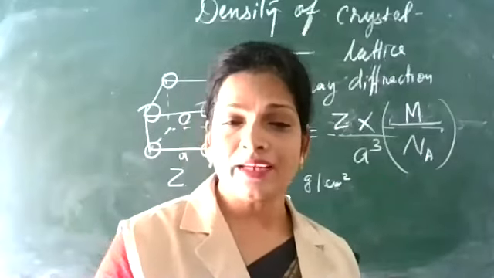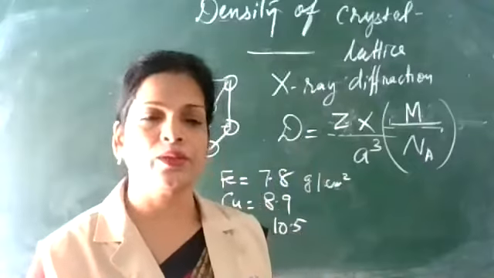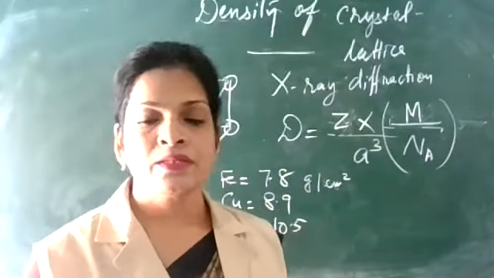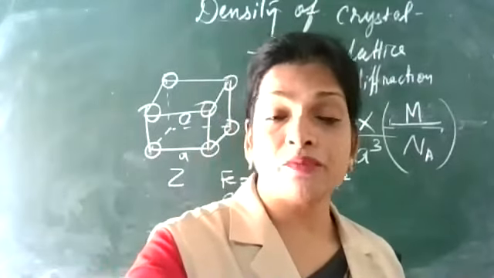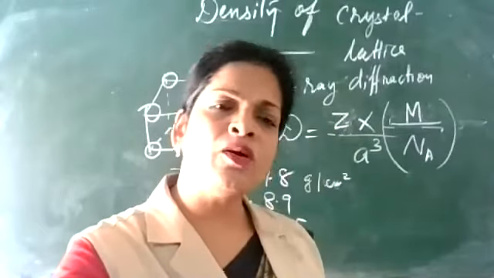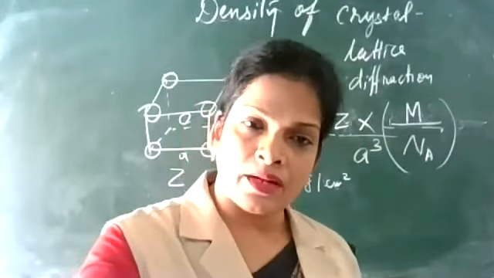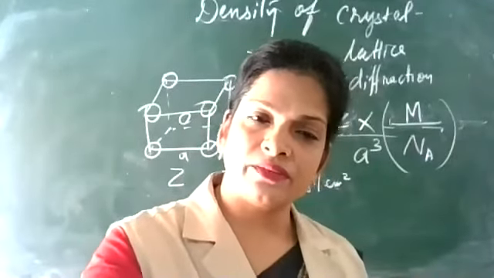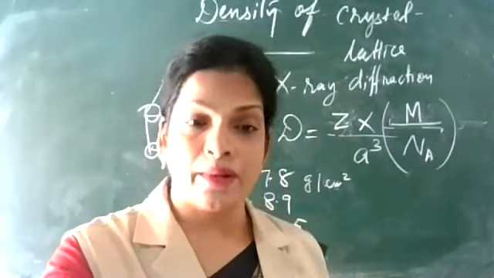If you write exactly 63.5, it means you just gave the value without doing calculation. So you will be getting, for example, 63.3 grams per mole. But the question is for atomic mass.